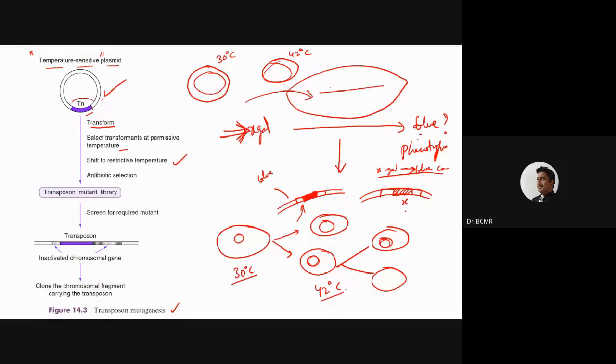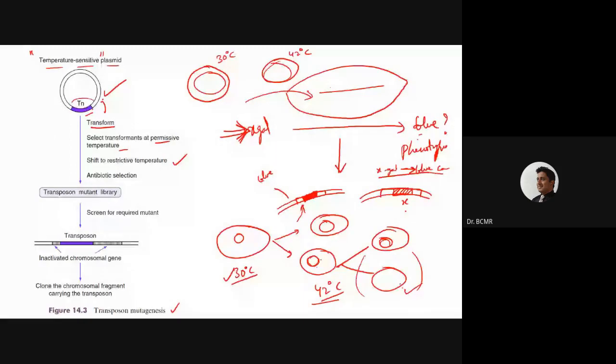Okay? So you have transformed this plasmid containing the transposon. Then you allowed the transformants to grow at the permissive temperature, which could be around 30 degrees centigrade. Then you change to 42 degrees centigrade. Now the cells that lost the plasmid will get selected.